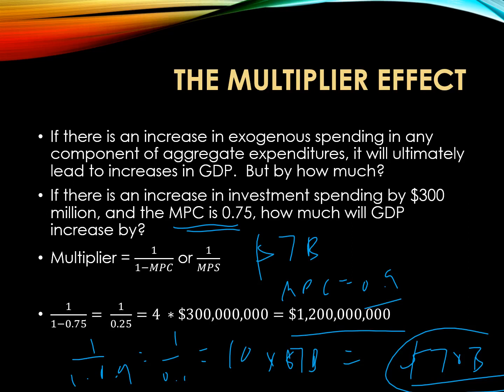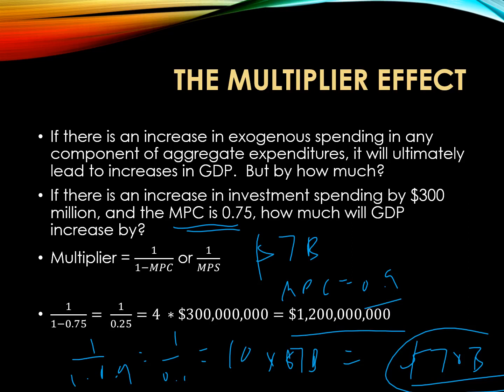They're going to take that money and they're going to spend 90% of it. So if you have a $7 billion project and you spend 90% of it, well, then that is $6.3 billion in addition to the $7 billion. So you're already at 13.3.